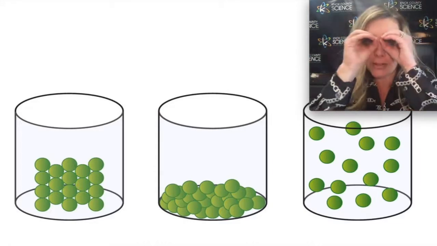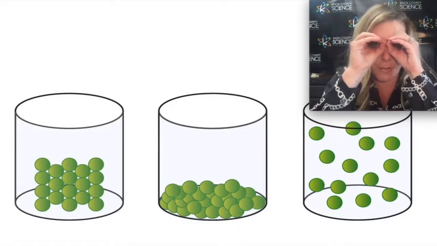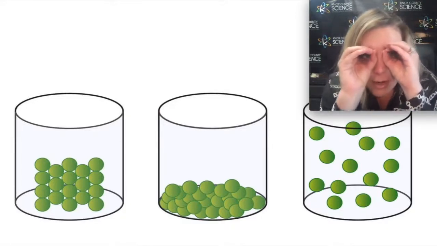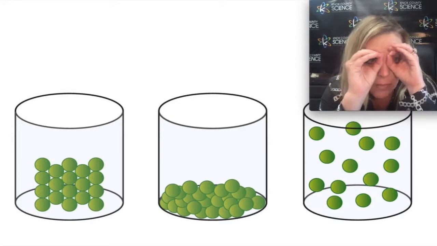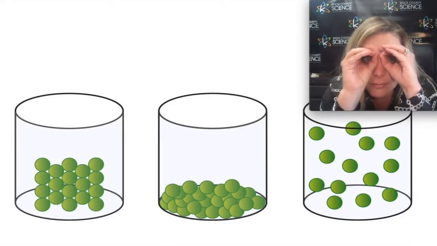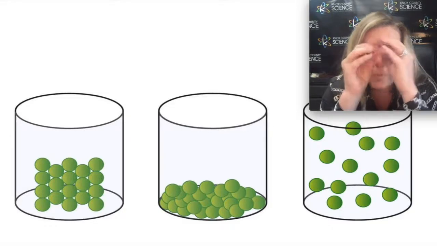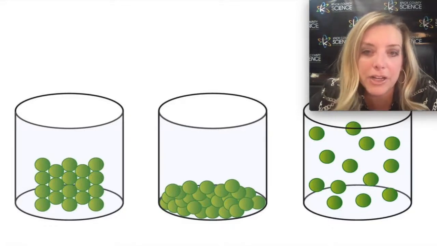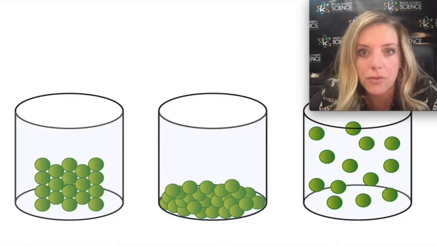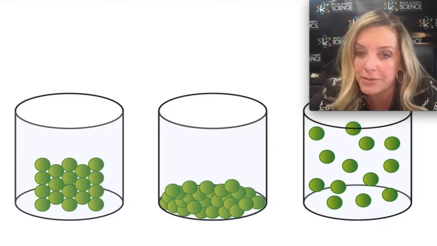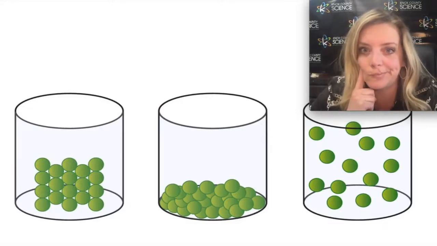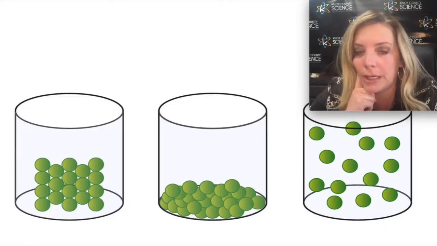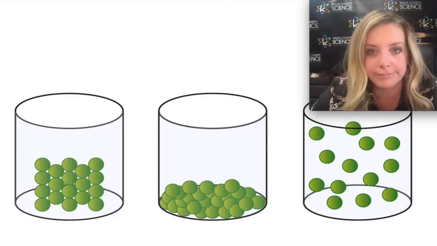So we're going to put on our super powerful glasses and look at our slide here, and we see particles, and these particles behave in a certain way. If I look at each container, I can figure out which state of matter those particles belong to, based on what I know. So take a second and think, which one's a liquid, gas, or solid?